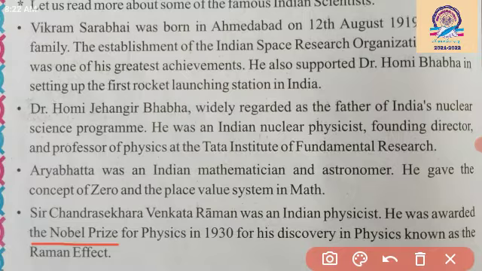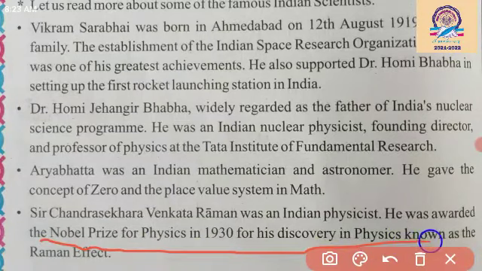We give the Nobel Prize, one award, to those who do the best work for the benefit and welfare of humankind. So he was awarded the Nobel Prize for physics in 1930 for his discovery known as the Raman effect.